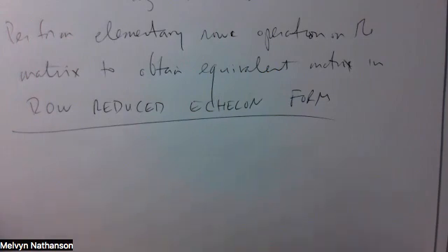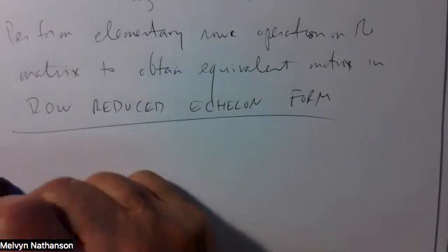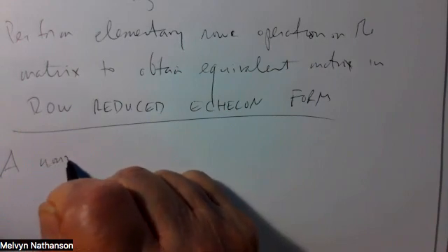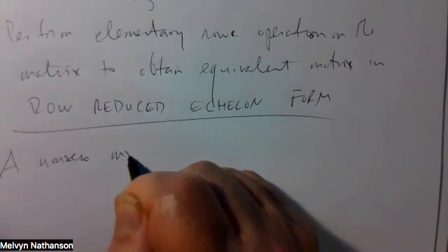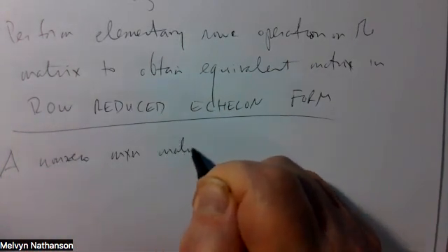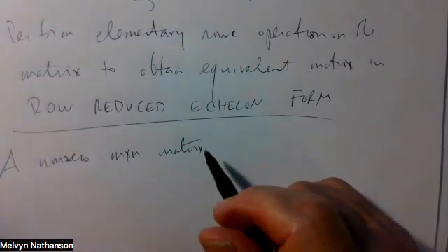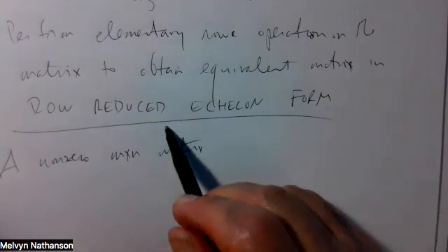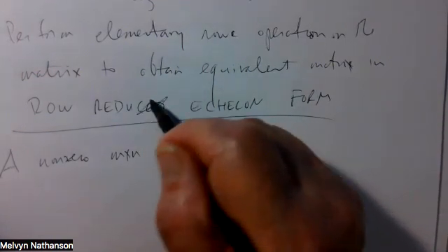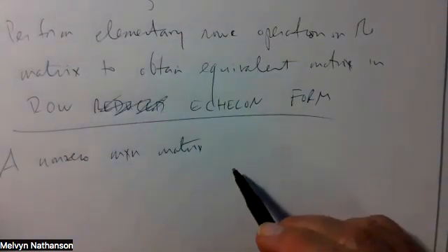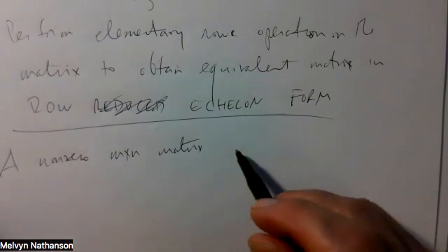And a matrix in row-reduced echelon form has the following shape. So A is a non-zero m by n matrix, and it's in row-reduced or row echelon form if it has the following properties.